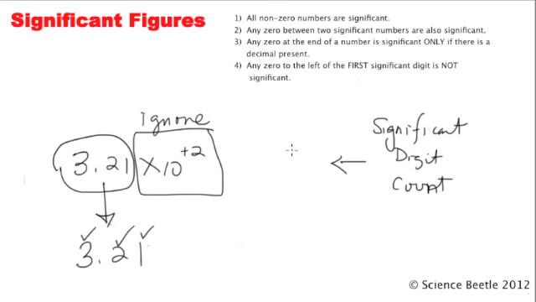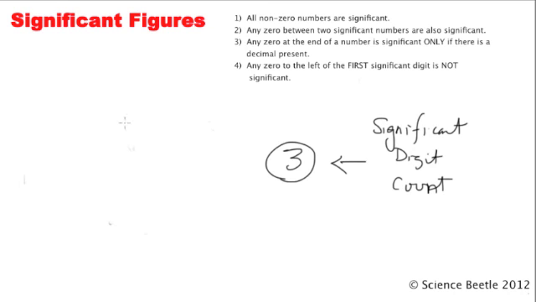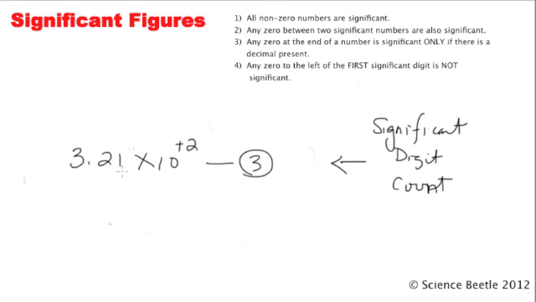That's important because the other way that we could have written this problem could have been different. Let me show you what that looks like. The problem here was 3.21 times 10 to the positive 2. When we write the problem like this, we know that the significant count is going to be 3. But when we write it in longhand, with the full decimal point, we need to write it a different way.